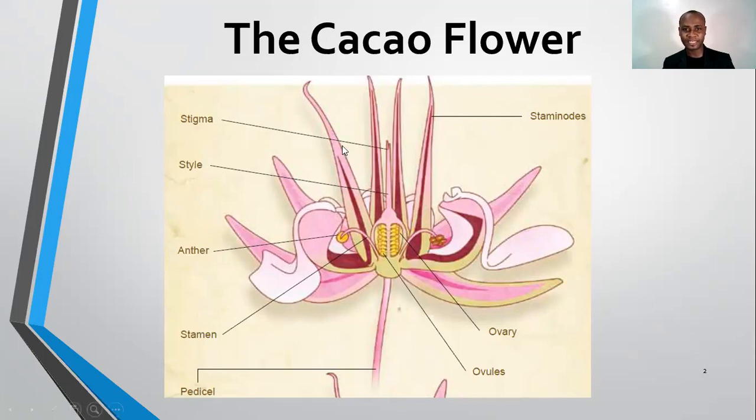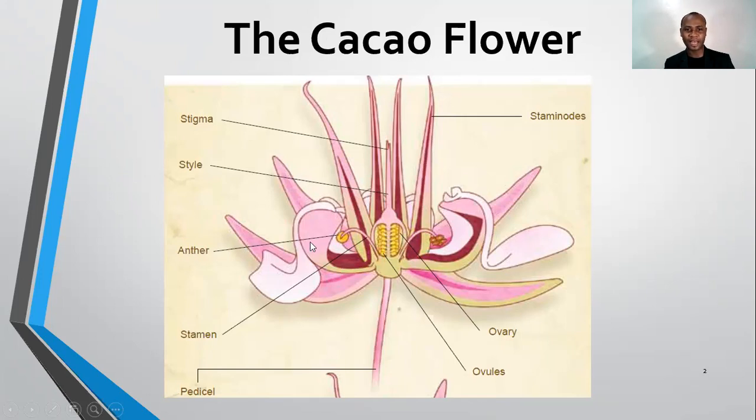Then we have the stigma, the top part of the female flower. And then we have the style, and then the ovary, that's where the eggs are found.